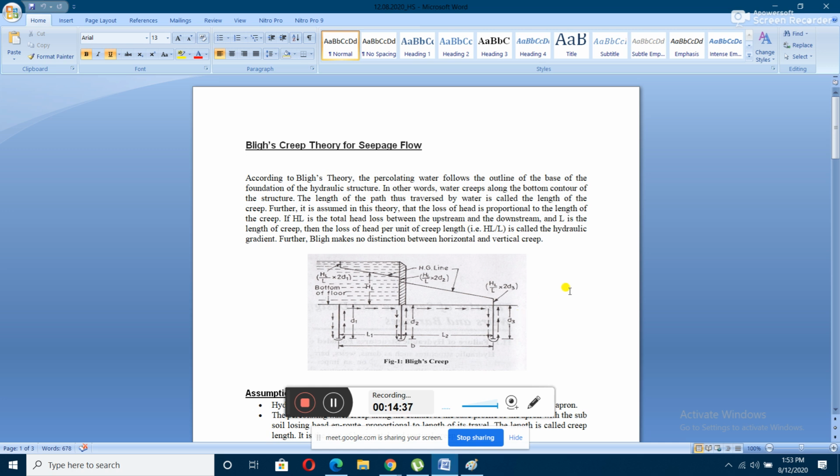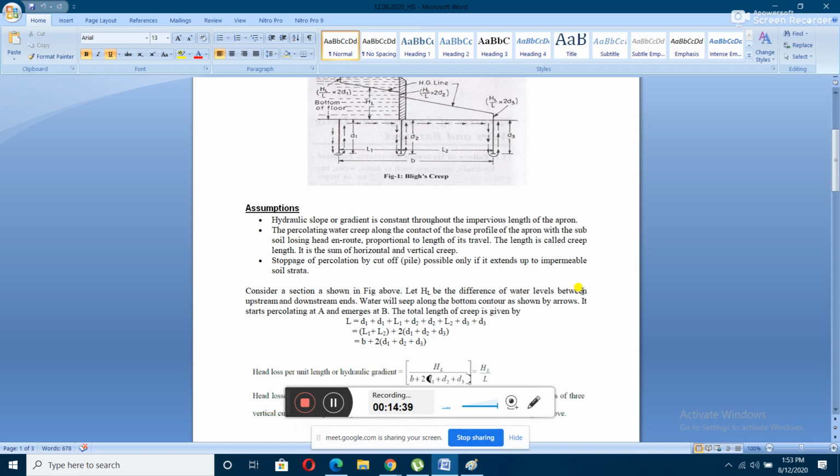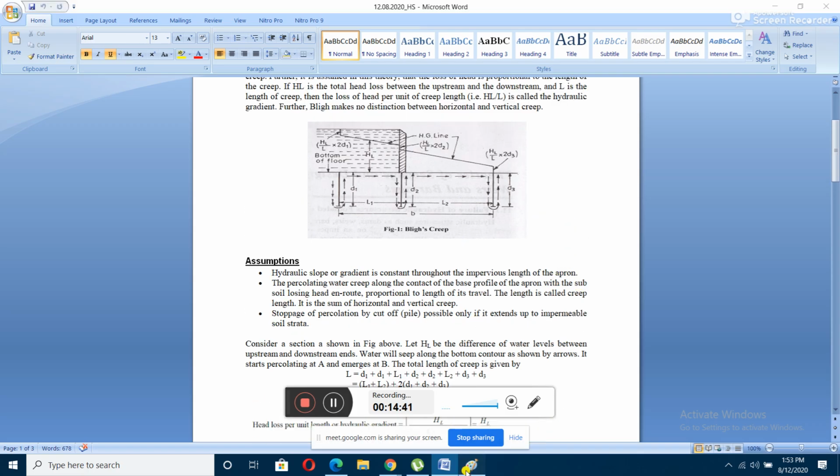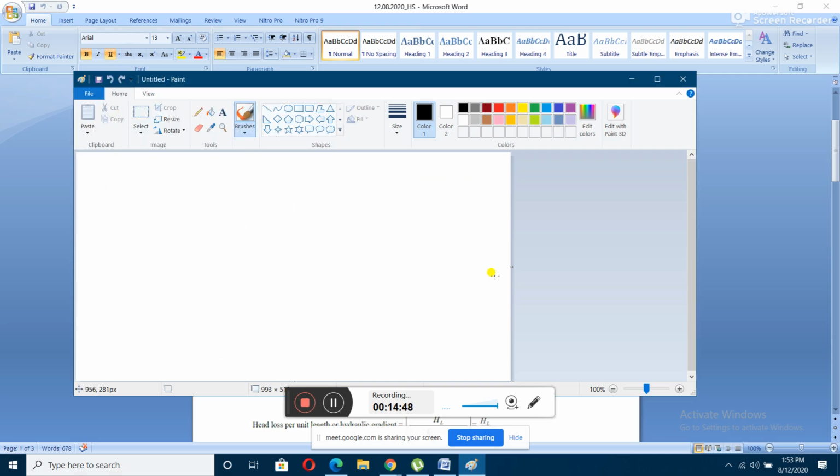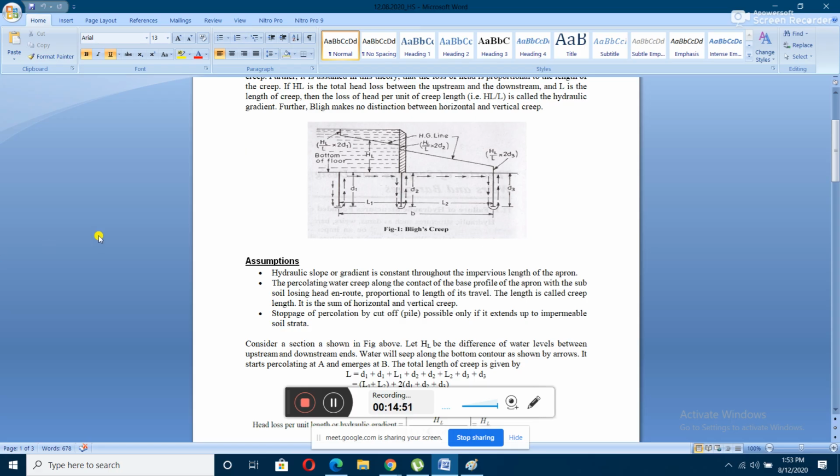Okay, so let us go to the next part. Look, let us concentrate on this figure. In order to gain stability of the structure, in order to provide resistance to the structure against uplift failure, I think everybody knows what we did.